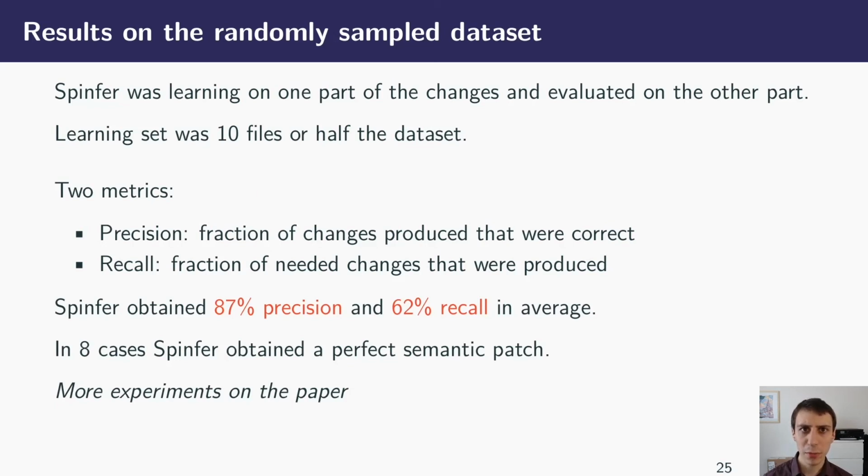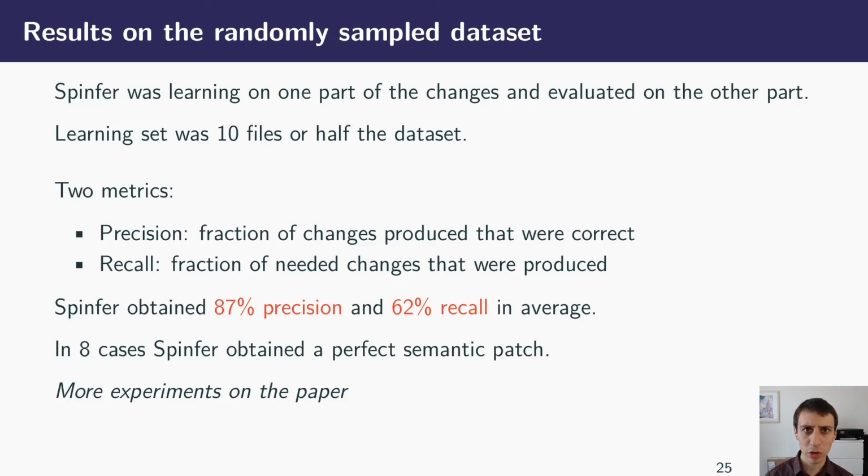On average, Spinfer obtained 87% precision and 62% recall, meaning that it covers most of the changes without producing too many false positives. For 8 groups of transformations, Spinfer generated a semantic patch that could cover the whole transformation without any error, meaning that the semantic patch could have been used by a Linux kernel developer directly to perform a transformation in the whole kernel.